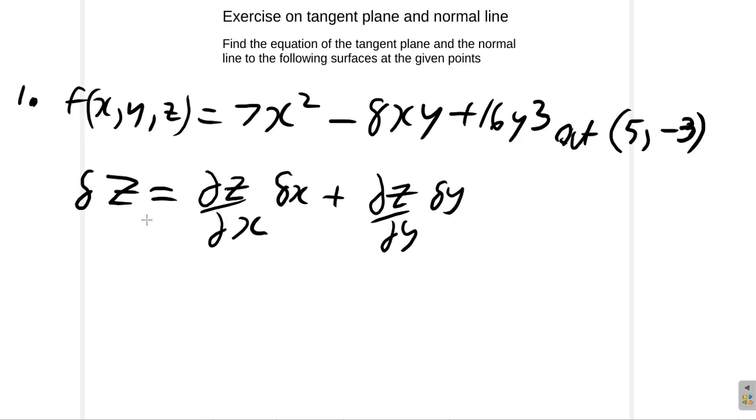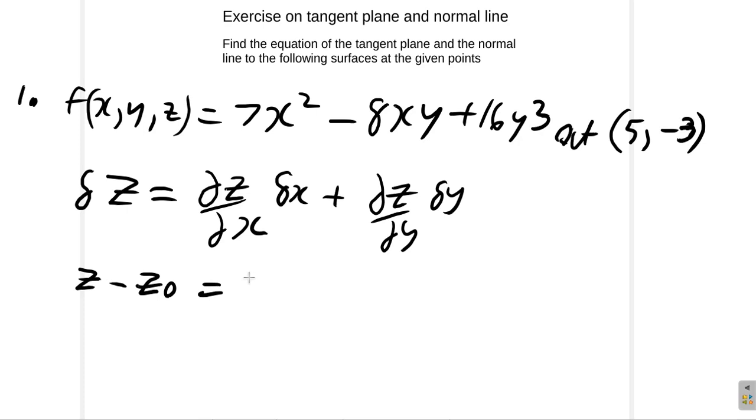Now, that small change in z can be written as z minus z naught, where z naught is the particular point that we have here.